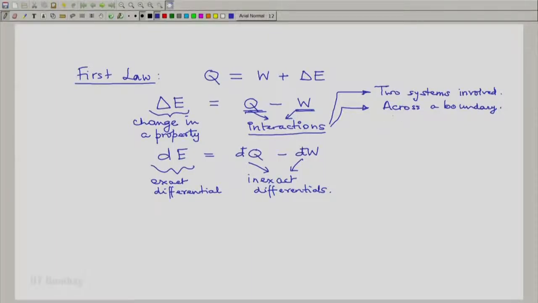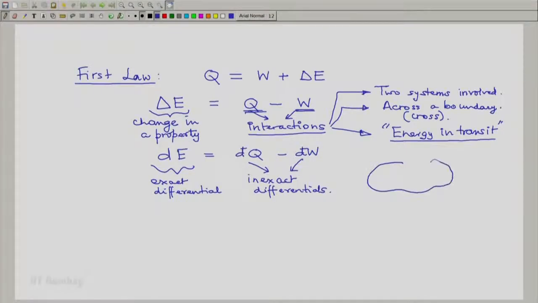And these interactions must cross those boundaries. And because these are interactions, we can consider them as energy in transit. Q and W are not contained in a system. It is always work done by a system or heat absorbed by a system.